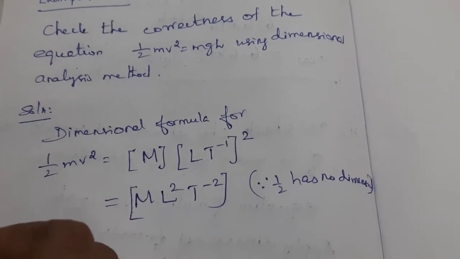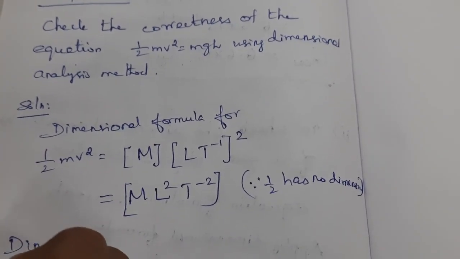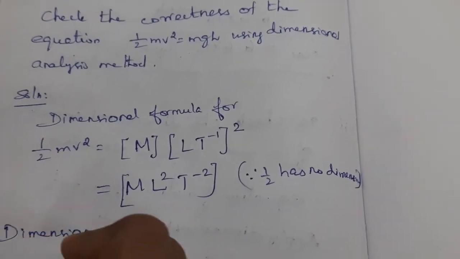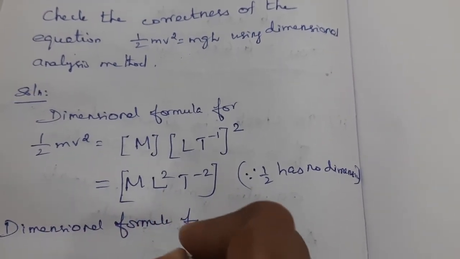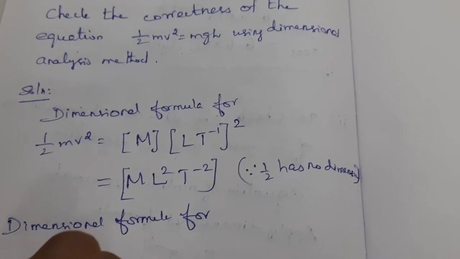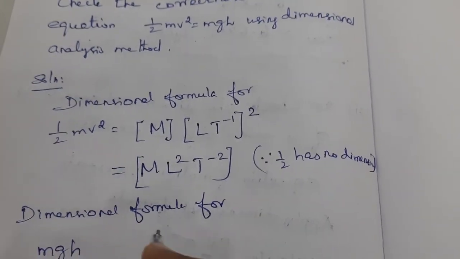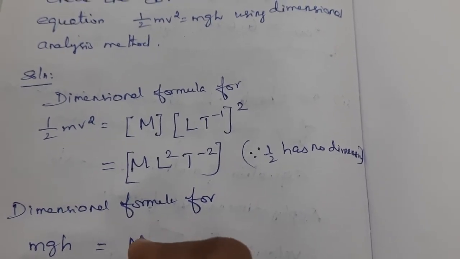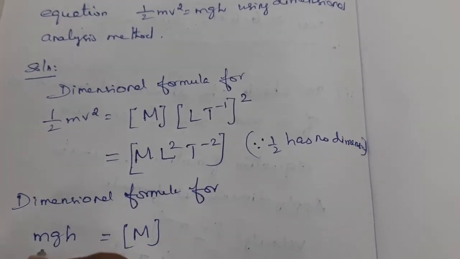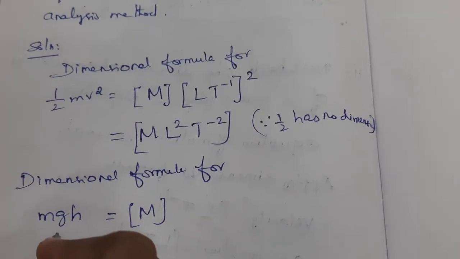Next, dimensional formula for mgh. What is m? Mass. So the dimensional formula is M. What is g? Acceleration due to gravity.